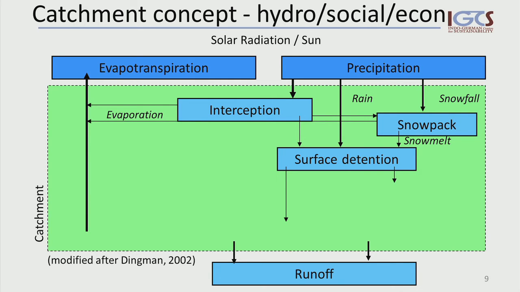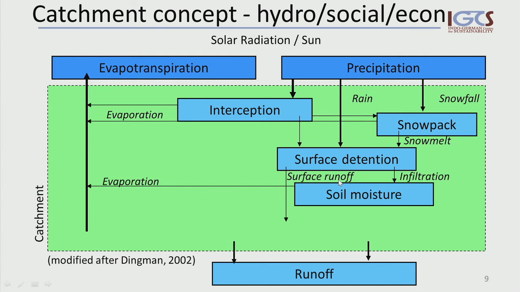All of them are very important surface detention areas where water is stored intermittently. And then we eventually generate surface runoff and infiltration. This surface runoff will join our overall runoff from our catchment, whereas infiltration will move our water particles into another storage compartment, forming soil moisture. And part of that again will evaporate.